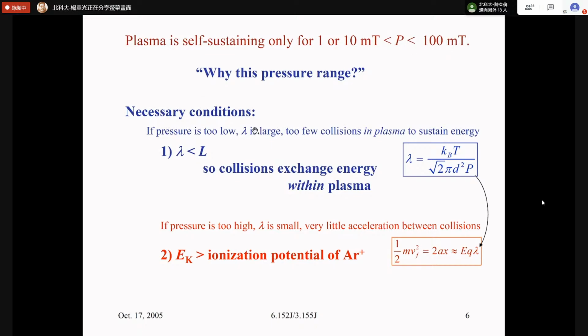So a necessary condition: if pressure is too low, the mean free path is very large, so you have fewer collisions in the plasma.